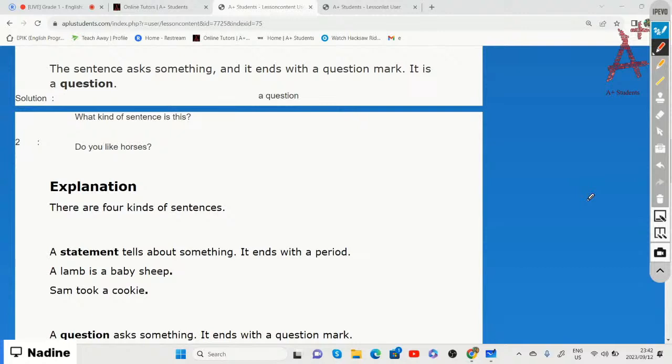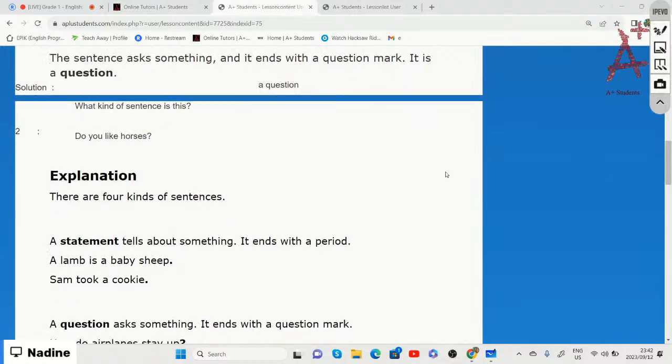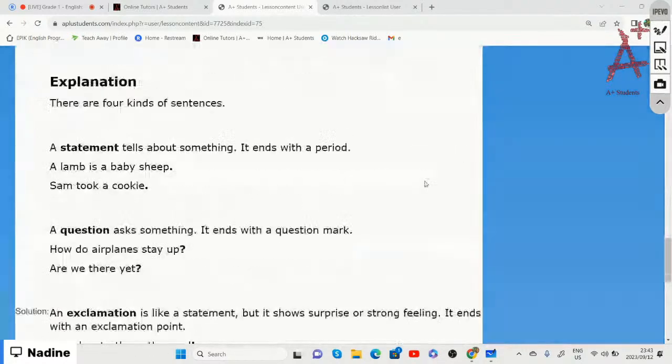This sentence is a question because it asks a question and it ends with a question mark.